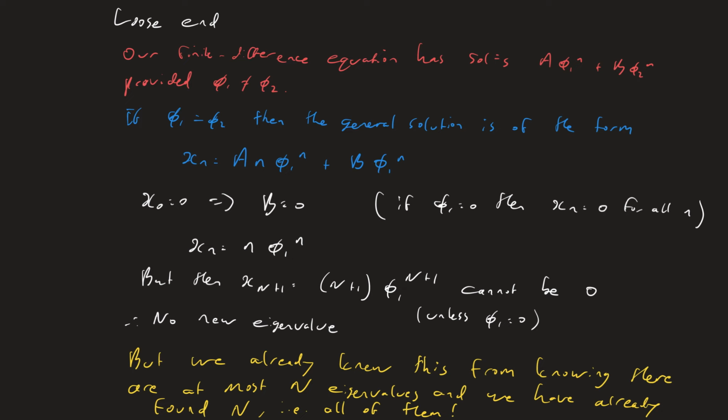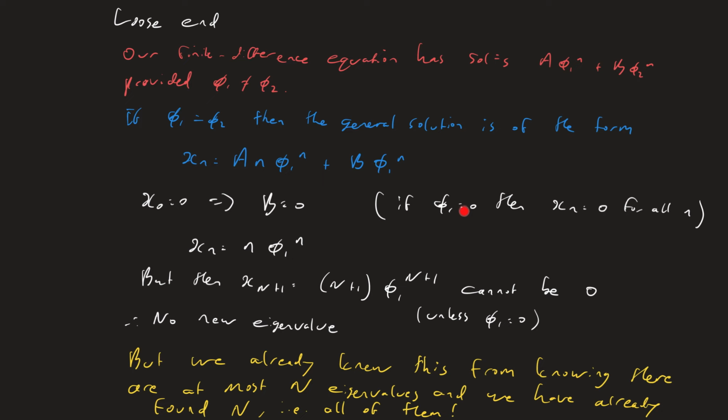In that case, in order to get both x0 and x big N plus 1 to be equal to 0, first we require b equal to 0, which reduces the general solution to this form here. The scalar a, of course, just scales the eigenvector, so we can take a to be equal to 1 without loss of generality. But then we see that it's not possible to make this equal to 0 at little n equals big N plus 1.